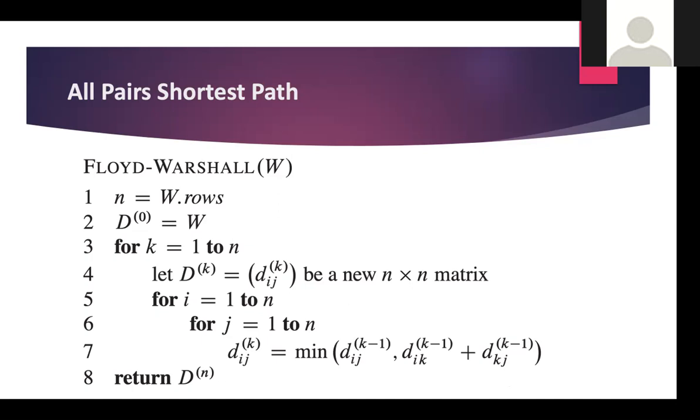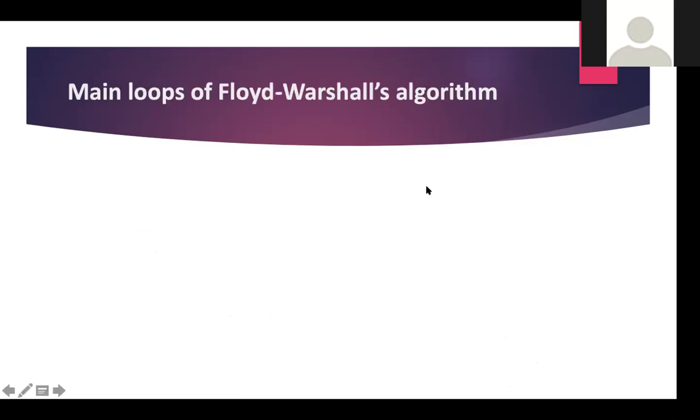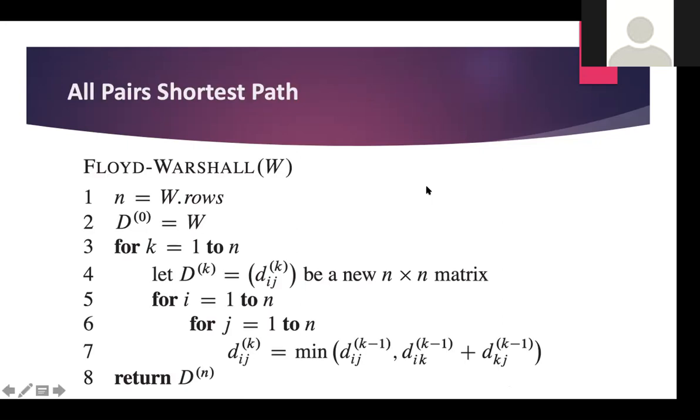And over time, you will get better and better answers. And then finally, you will have the right answer that's needed by the problem. So this here is an example of a recurrence relation. You're writing down the length of the shortest path from i to j in terms of values that you computed previously.